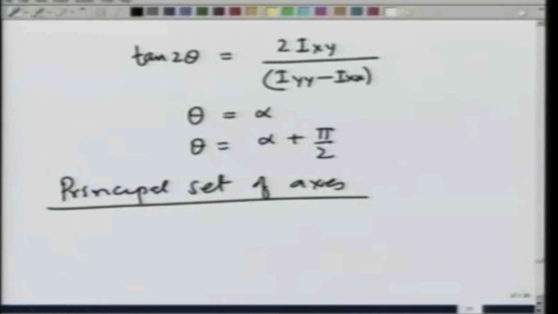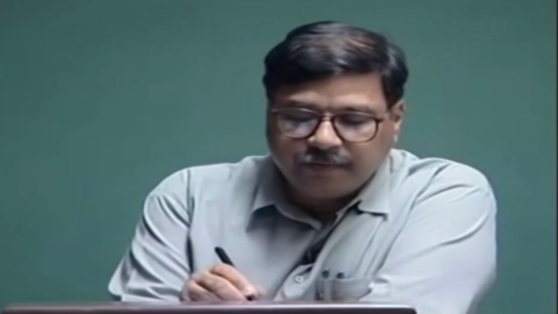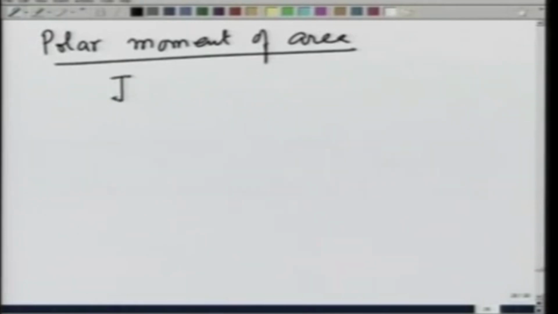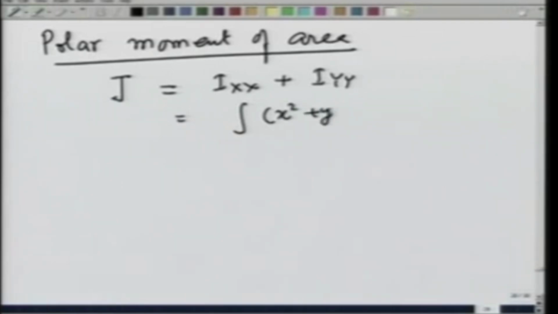Having made this point, let me now define something for you which is known as the polar moment of area. This is usually written as J, which is nothing but Ixx plus Iyy, and therefore is equal to the integral of (x squared plus y squared) dA, or r squared dA.